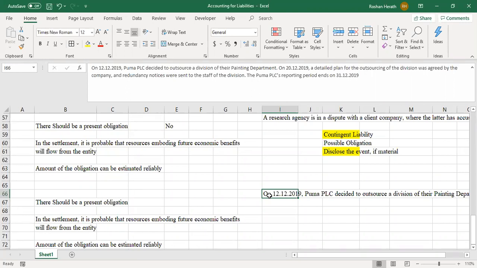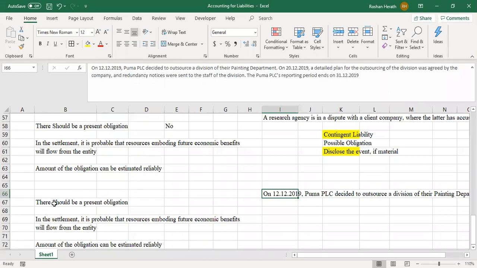You would have heard that most of the employees from the hotel industry and the airline industry were laid off, so huge compensation would have been paid. Accordingly, in the situation here, they have taken a particular decision on 12th of December, and they have set the detailed plan for outsourcing, and the company management agreed on that, and finally they communicated that to the staff.